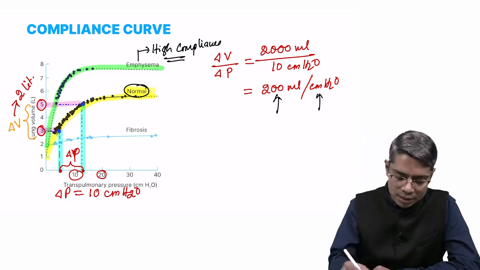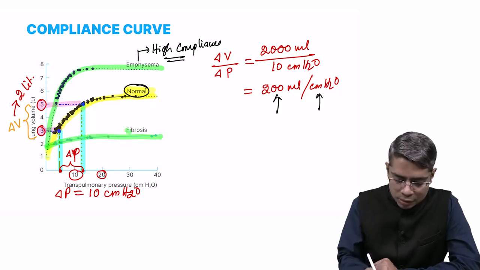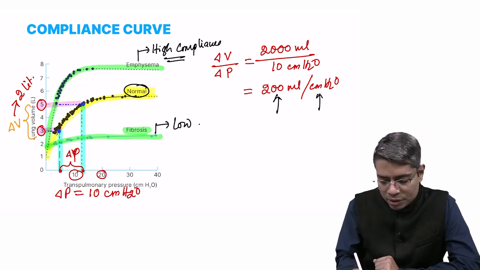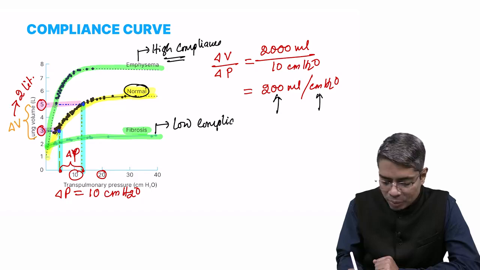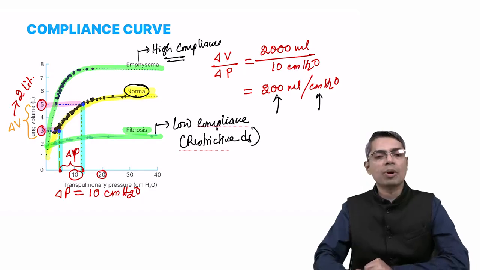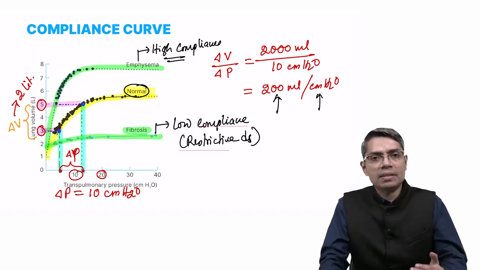And one compliance curve is located below the normal compliance curve, so obviously this will have low compliance. We have already seen that fibrosis of the lung will have low compliance. Not only that, all the restrictive diseases of the lung will also have low compliance. This kind of compliance curve is also given in exams, right? So please understand the compliance curve. This is a very important topic.